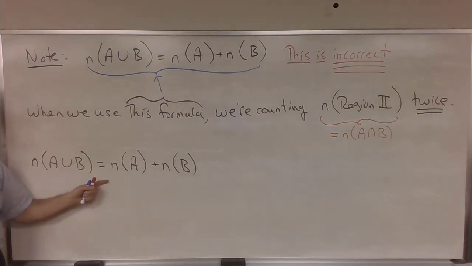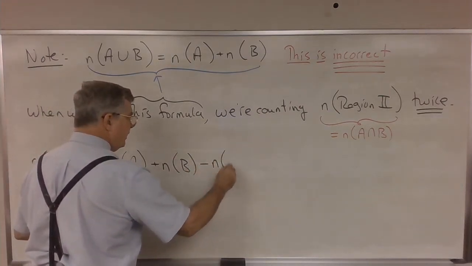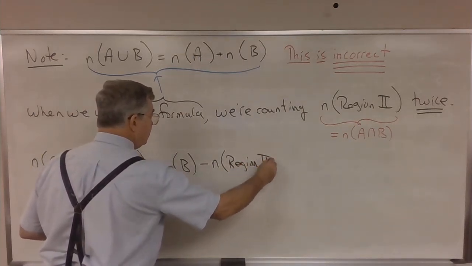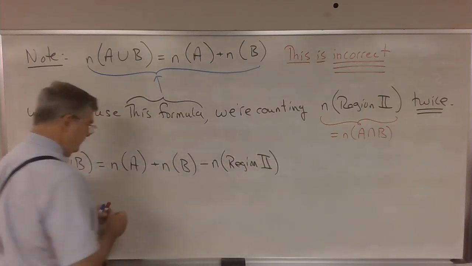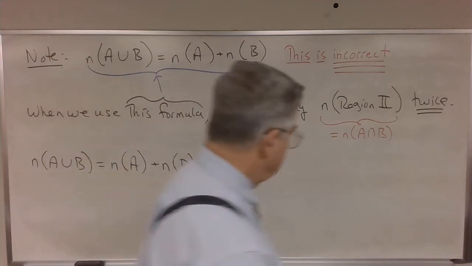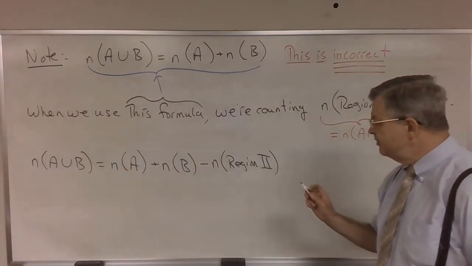In this formula, we're counting the number of elements in region 2 twice. So to make the formula right, we're going to subtract the number of elements in region 2. But again, remember what region 2 is?